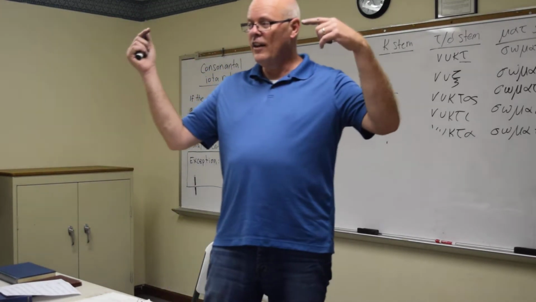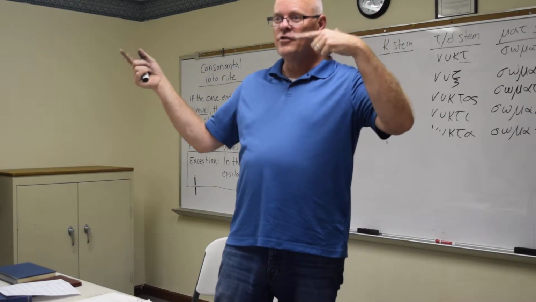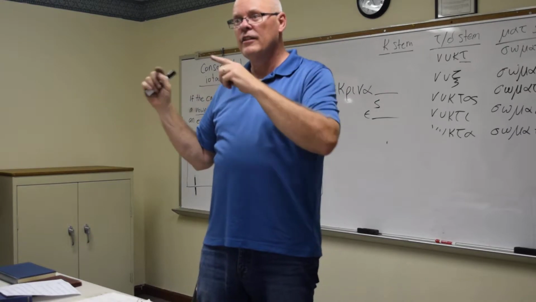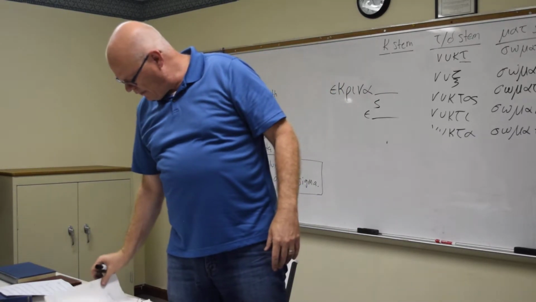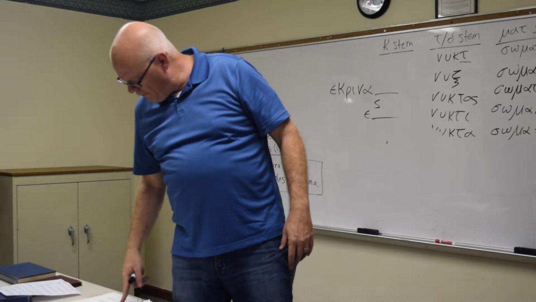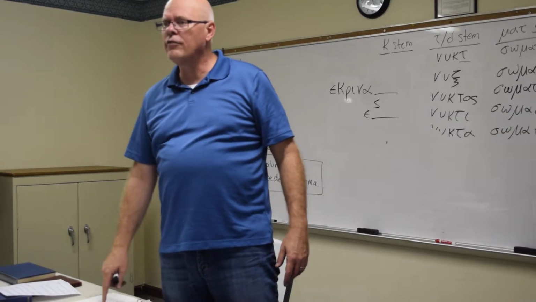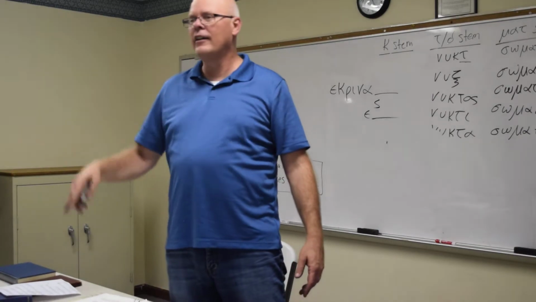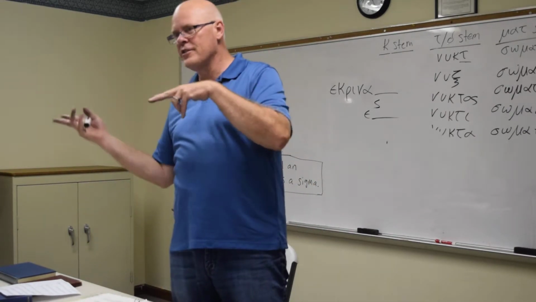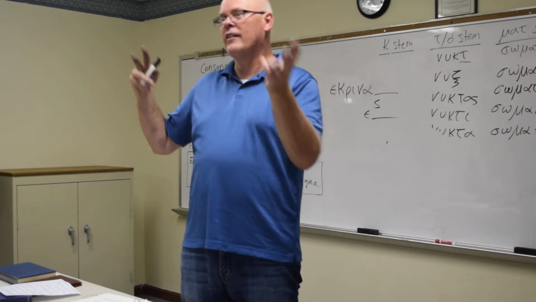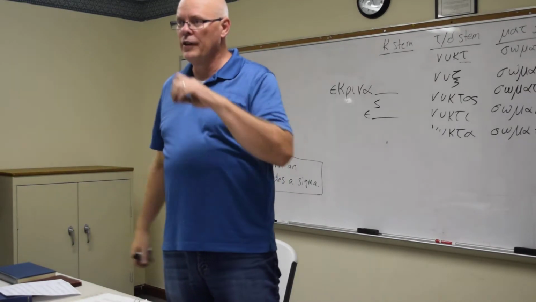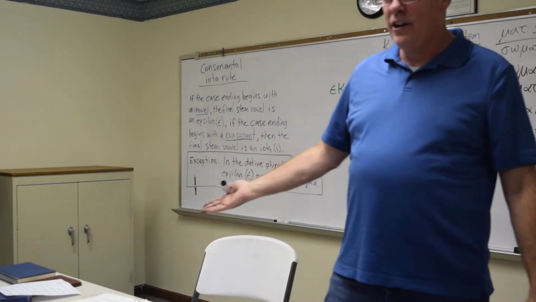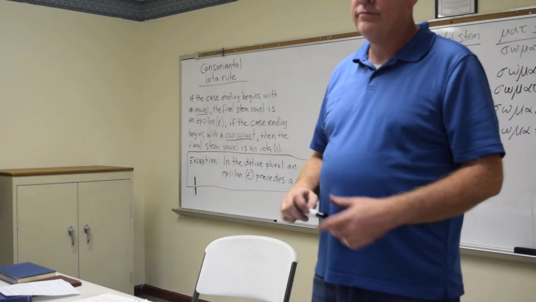When you see 'he is righteous,' trying to figure out which one is the subject and which one's the predicate nominative. I think there's like 5 rules for how to choose that. If one is the pronoun and the other is not, then the pronoun is the subject. If one has the article and the other does not, then the one who has the article is the subject. He has like 5 different rules on that. They're kind of common sense, but they're there.